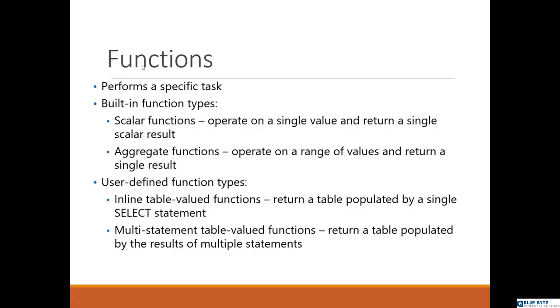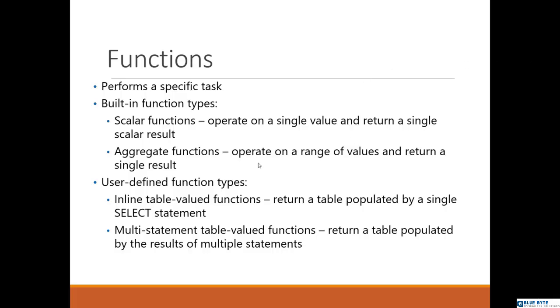We have two major types of functions, built-in and user-defined. With built-in, we have another two. Scalar functions operate on a single value and return a single scalar result. And the other one is aggregate functions. With this one, we operate on a range of values and return a single result. So I might provide an array and you find the total summation of that array and return it as a single result.